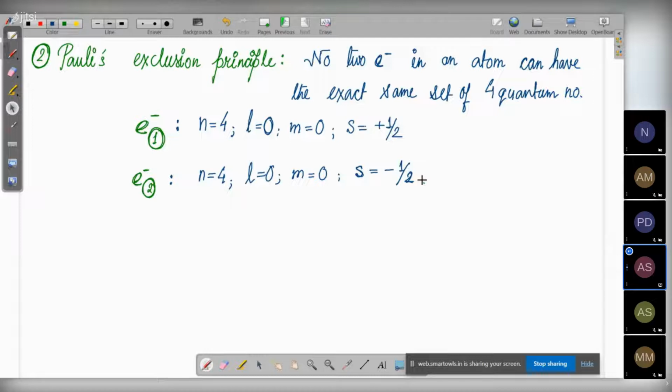Then you have the last principle, which is Hund's rule of maximum multiplicity. For this one, I will write down the rule first, and then we'll explain it once we do the configuration.